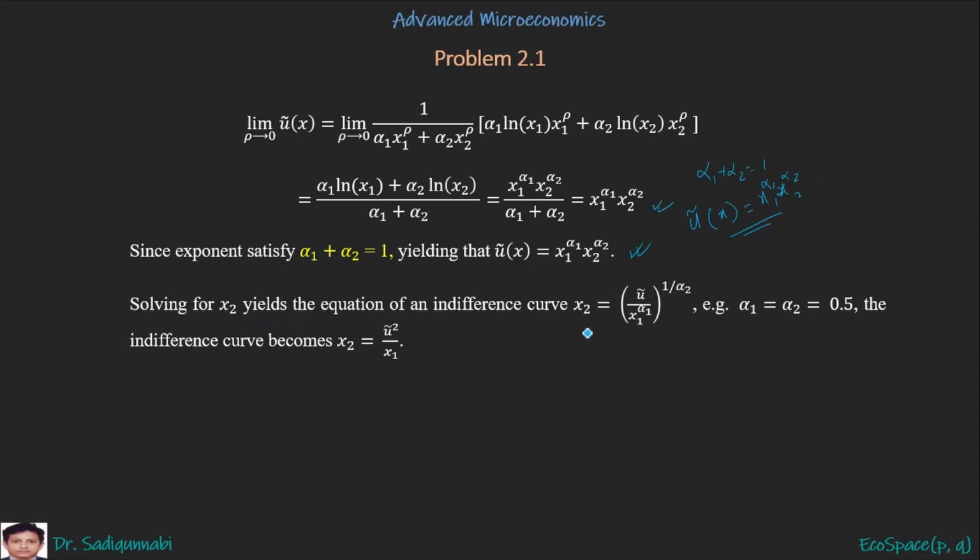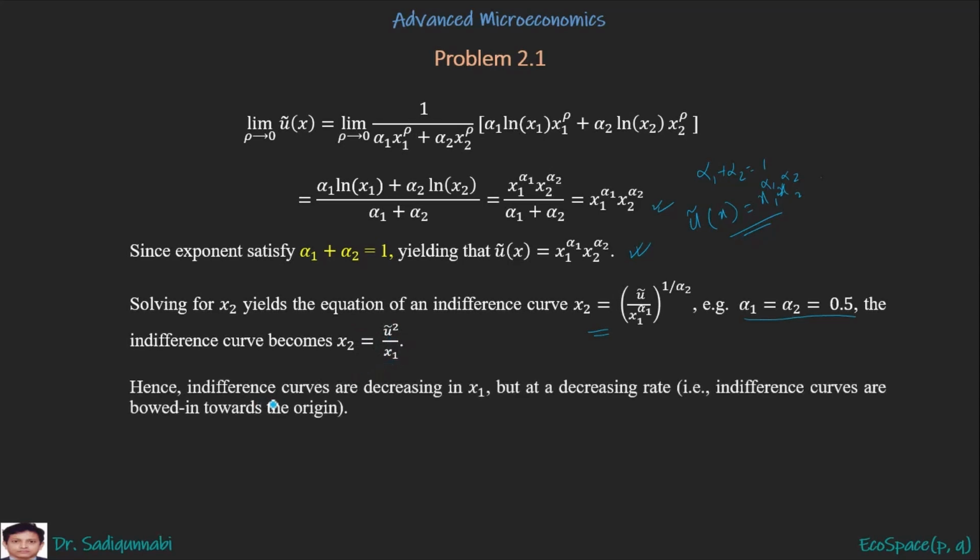When both alpha 1 and alpha 2 are equal to 0.5, that means 0.5 plus 0.5 equals 1, then the indifference curve becomes x2 equals u curl squared upon x1, and this indifference curve is decreasing in x1 because x1 is in the denominator, but at a decreasing rate. So we can say that the indifference curve is bowed in towards the origin, that means convex to the origin.